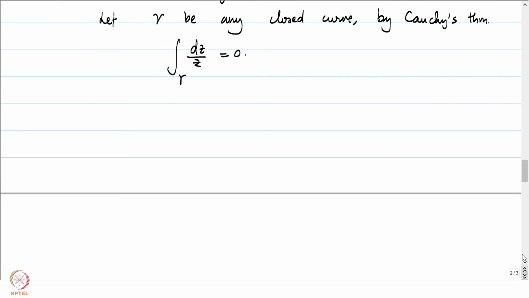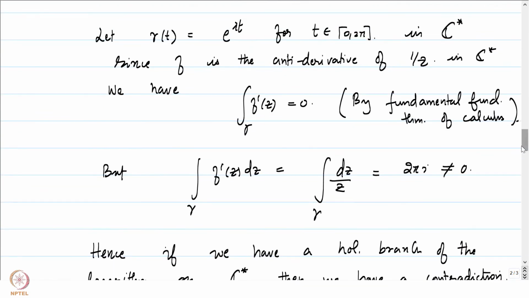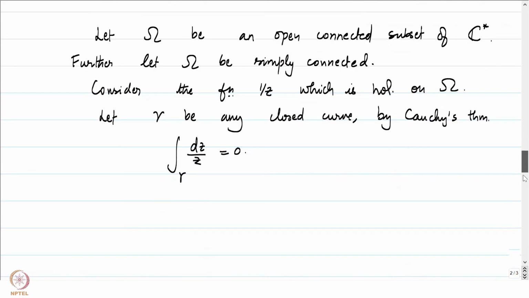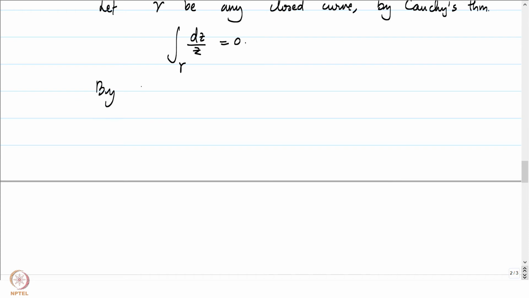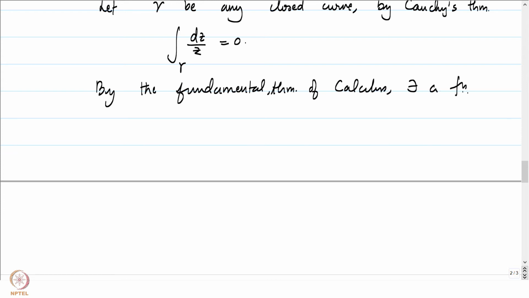Now, by the second fundamental theorem of calculus, I don't know whether I mentioned whether this was the first or the second. The earlier one was by the first fundamental theorem of calculus. This is by the second fundamental theorem of calculus, the complex analog rather. There exists a function f from omega to C such that f prime of z is equal to 1 by z.